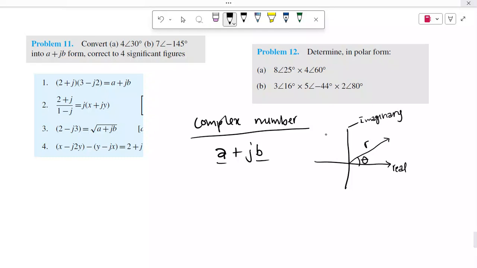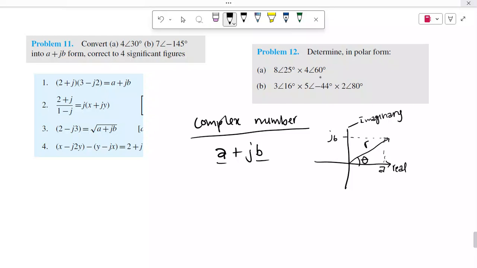So you have your imaginary part, which is the one that has a j. This is the axis which represents the imaginary part, and then a is the real part which comes this side. So it's jb, then a. This is how you represent a complex number on the polar coordinate.